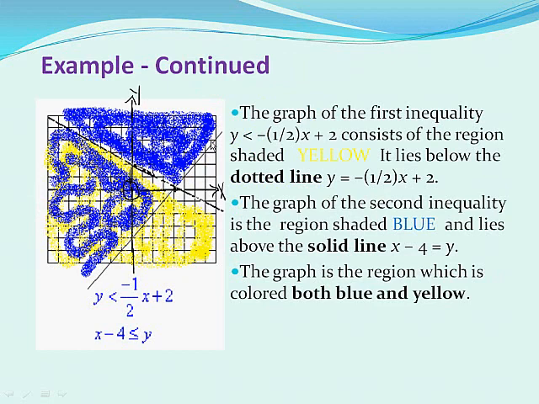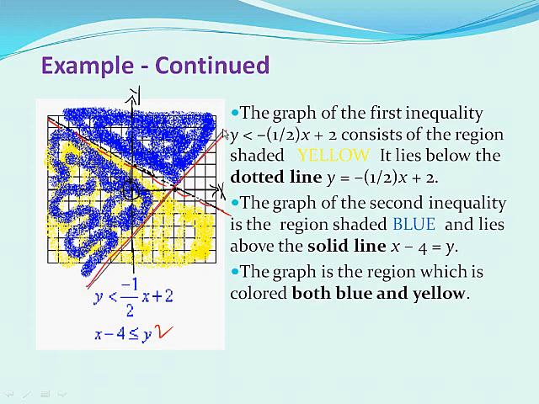The graph of the first inequality y less than negative 1/2 x plus 2 consists of the region shaded in yellow. It lies below the dotted line y equal to negative 1/2 x plus 2. The graph of the second inequality is the region shaded blue and lies above the solid line y equal to x minus 4.